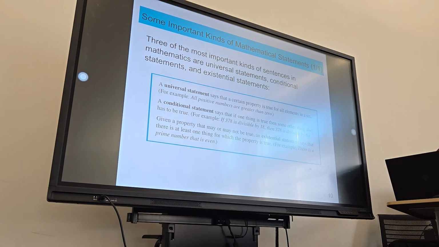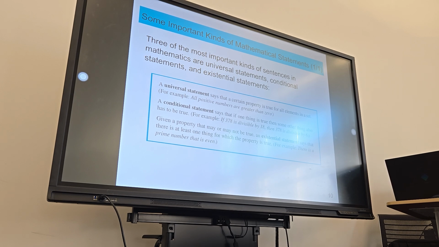If one condition is true, or one thing is true, then the next thing is true. A property that may or may not be true would fall into an existential statement. It says that there's at least one thing for which the property is true.